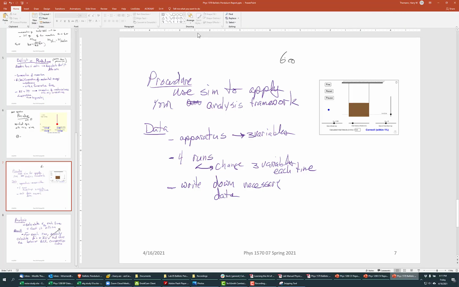And then we did 3 runs. We set the parameters each time. And in this case, we're just measuring the height, but you can relate that to theta.